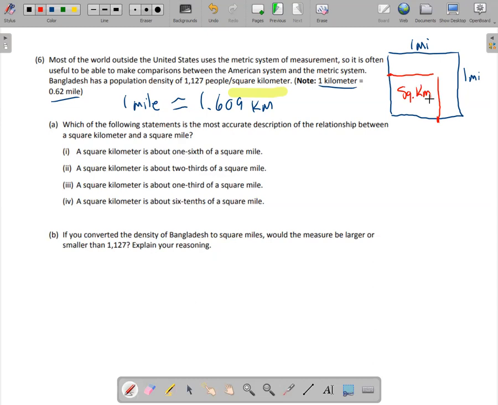Right, so you can see a square mile is considerably bigger than a square kilometer. So based on that picture, pick the best answer for part A there, please.